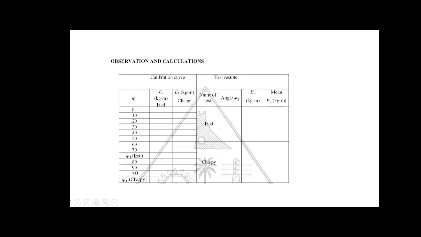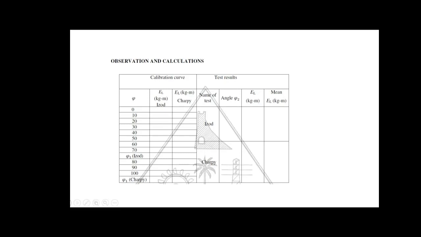When the needle moves through a single division, what is the corresponding load? That is obtained by plotting the load versus the number of divisions in a curve. We will get a calibration curve. From that, we can get the load corresponding to any number of divisions on the dial.